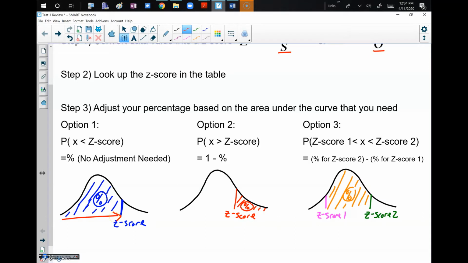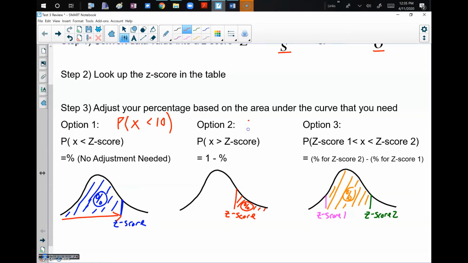So if my problem is asking for my probability or percentage that it is less than my stated value that we converted into our z-score, say, what's the probability that all of your tested values are less than 10, where 10 is our data value that was given, then I don't have to do any adjustment to the value that I found in my table.